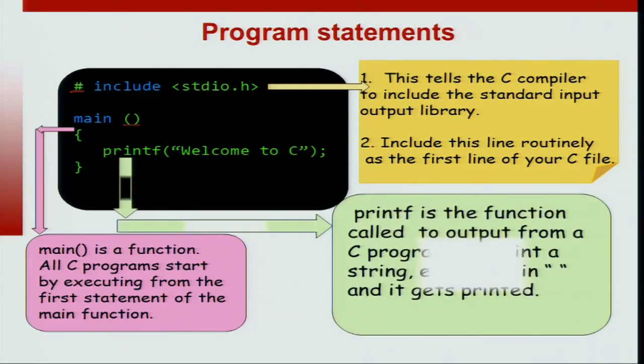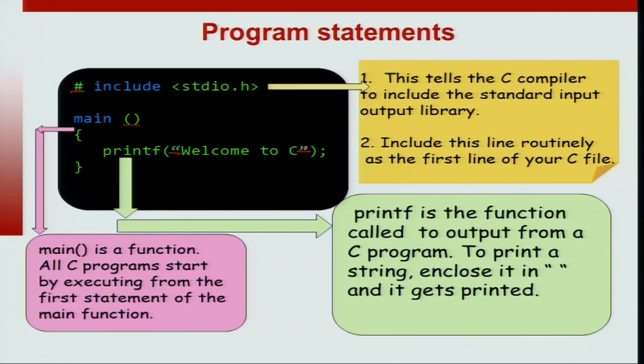Now what does the main function have? It has a single line which says printf welcome to C. So printf is the function called to output from a C program. To print a particular message, you enclose it in double quotes. Whatever is enclosed in the double quotes will be printed.